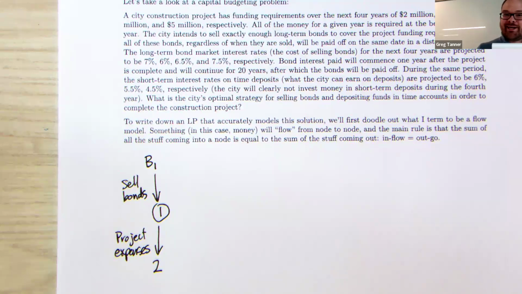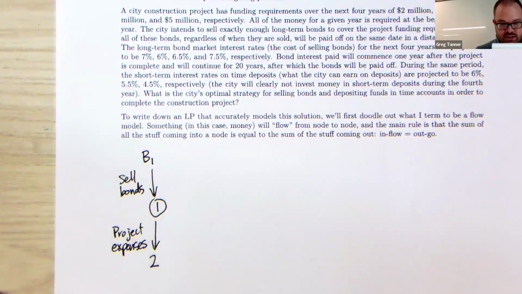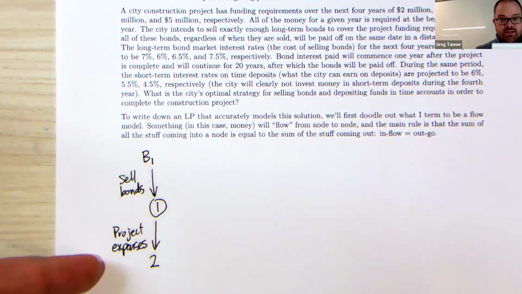It just means that if your final answer is an optimal objective value of 2, you interpret that as 2 million. So if we can sell bonds and do project expenses, and that's everything, then we sell exactly 2 million in bonds in the first year to cover those expenses.